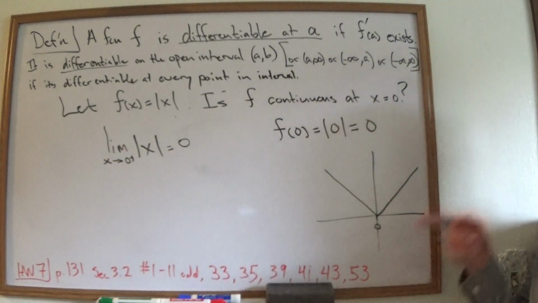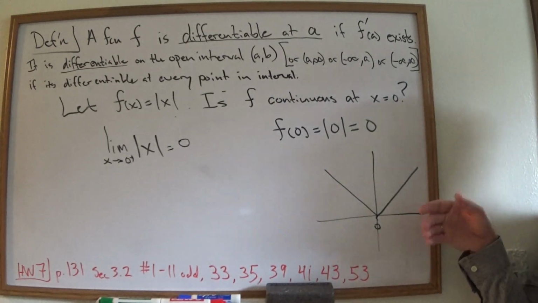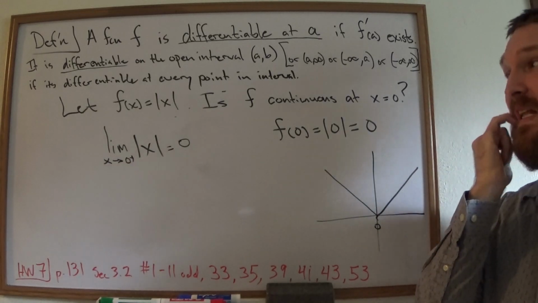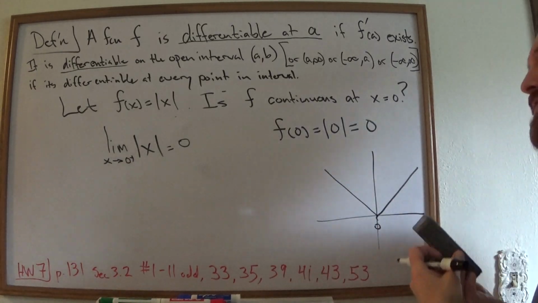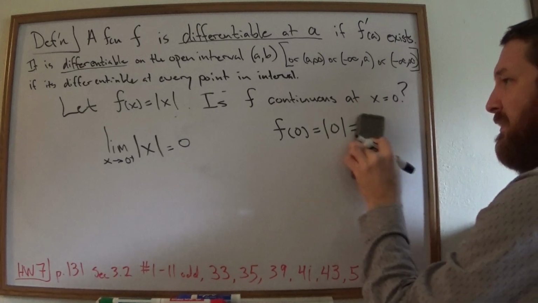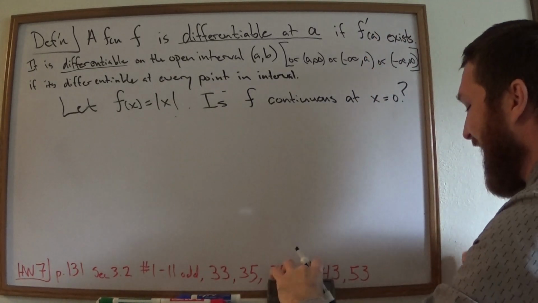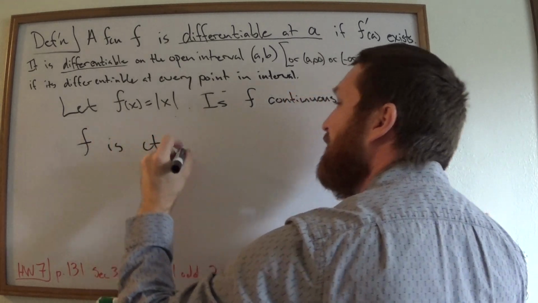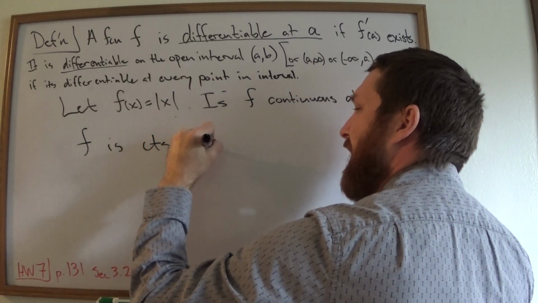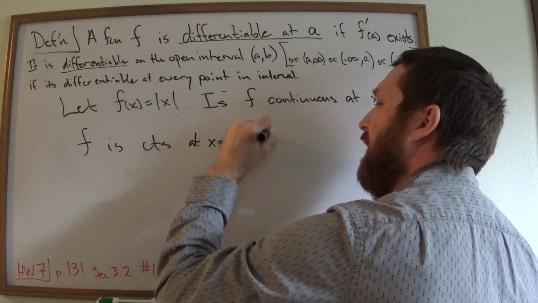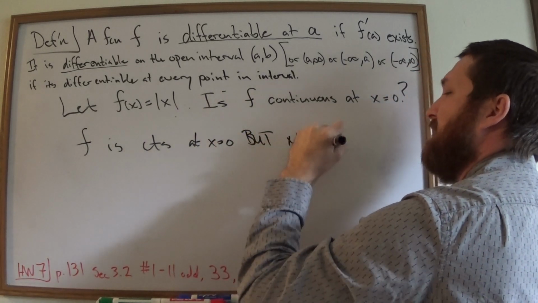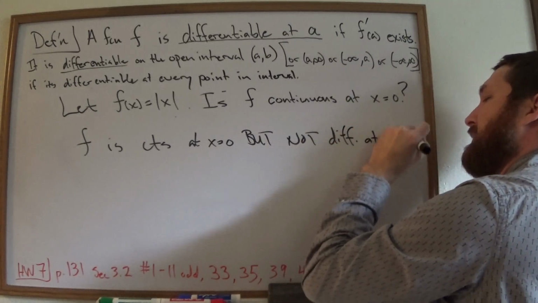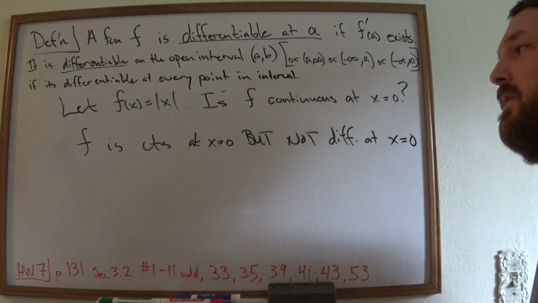And from the right, it's going to 0, so its limit is good from the right. So it agrees on both sides, and so by definition, it is continuous at 0. So it can be continuous, but not differentiable. So, f is continuous at x equals 0, but not differentiable at x equals 0.